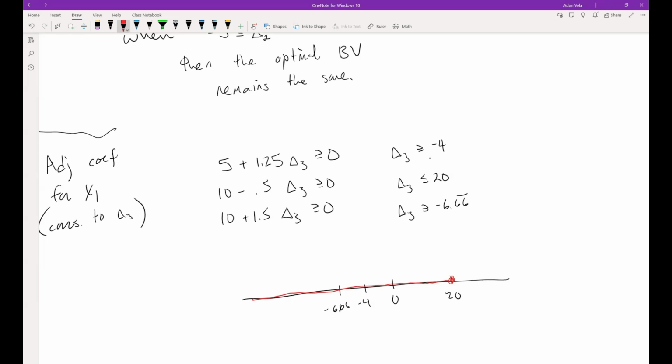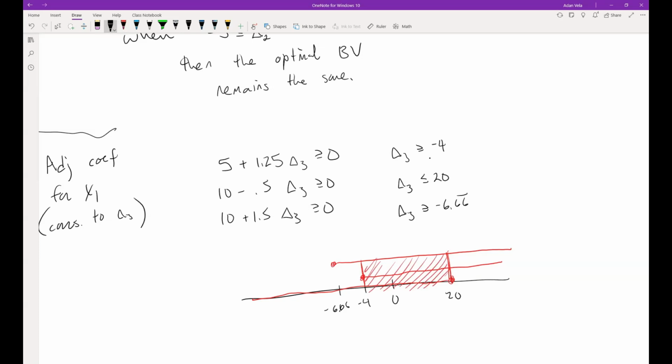The next set is everything greater than negative 4. And then finally, everything greater than negative 6.6. And the region that they have in common is right here. Okay, so where they're all the same, right?